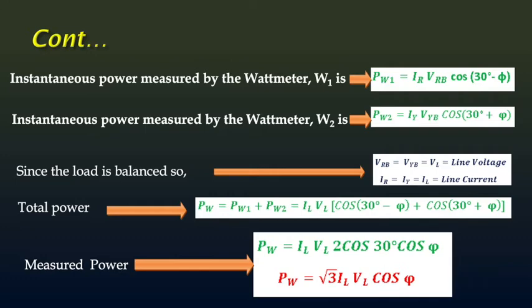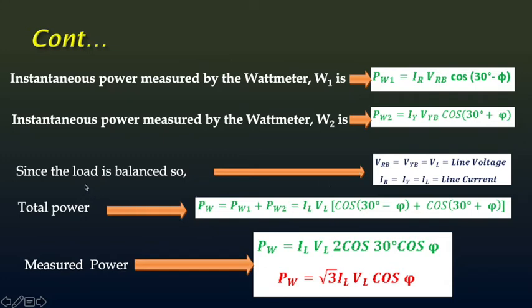So the power measured by wattmeter 1, PW1, is equal to IR into VRB into cos of 30 minus phi. Similarly, the power measured by wattmeter 2, PW2, is IY into VYB into cos of 30 plus phi.